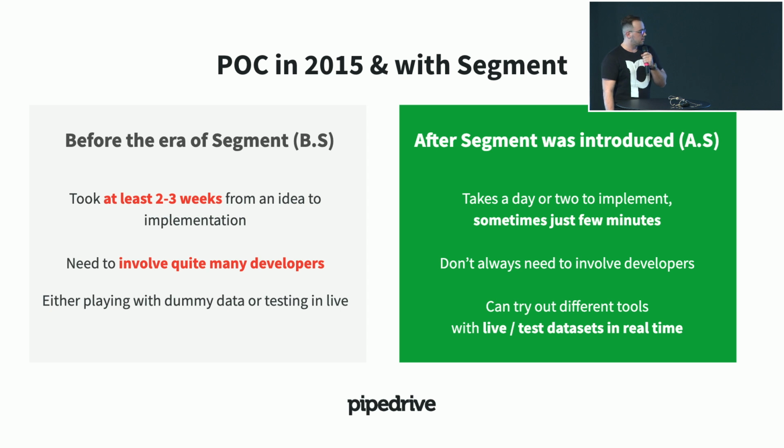So what is the difference between back in 2015 and now? Back then it took at least 2 or 3 or even sometimes 4 weeks from an idea to implementation. And you had to involve quite many developers, at least 3. And you had to play with dummy data sets, or you had to test in live, and nobody really wants to do that.